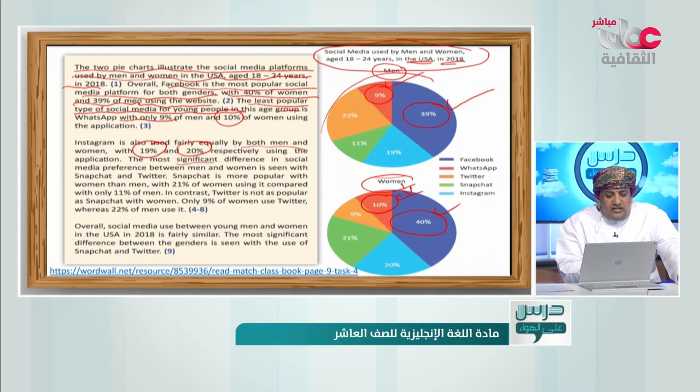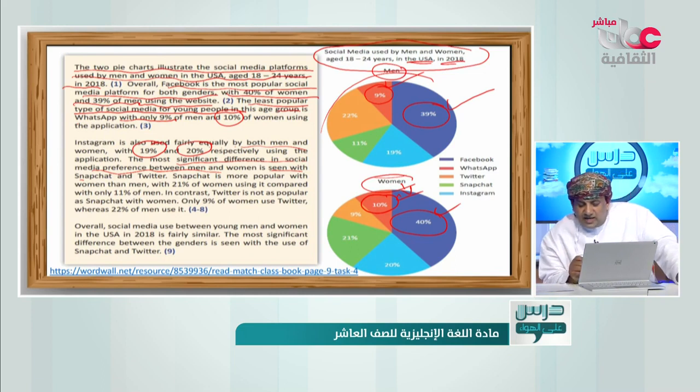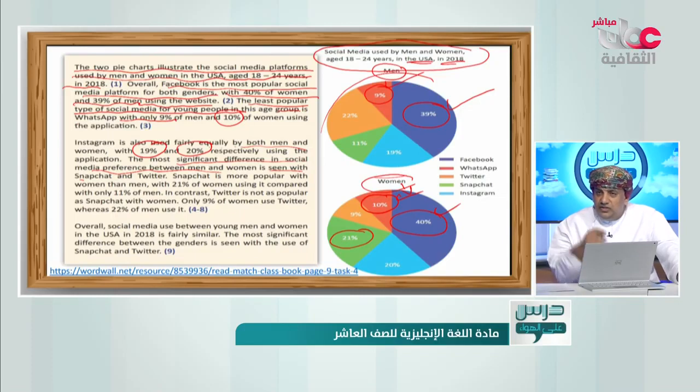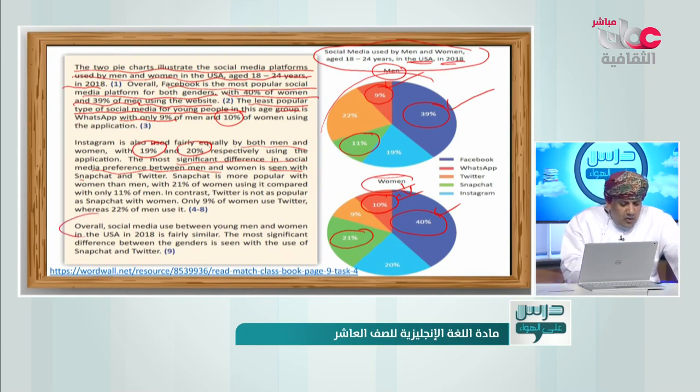The most significant difference in social media use between men and women is seen with Snapchat. Now look at Snapchat. Here we have 21% for women using Snapchat, and only 11% used by men. So you should write about these things, these big differences, okay? And the last thing is the conclusion.